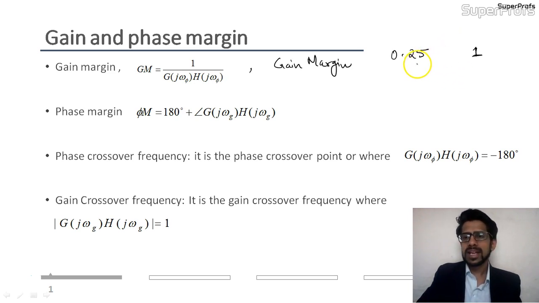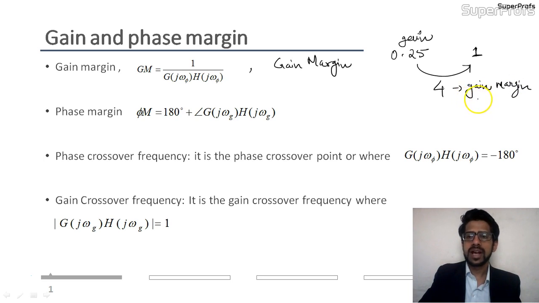So I can still increase my current gain, which is currently 0.25, by the multiplier 4. So my gain margin will be 4. This is how I can calculate my gain margin.